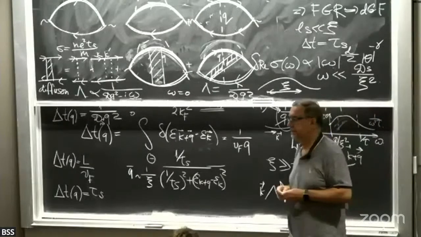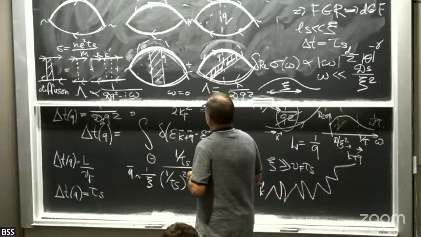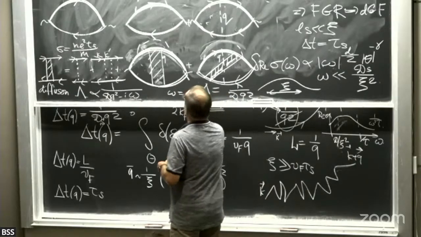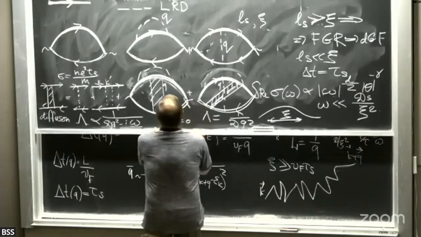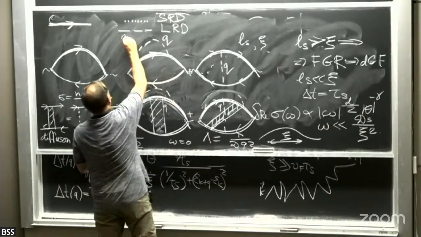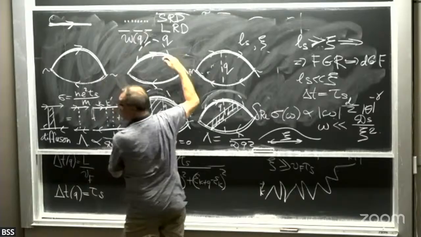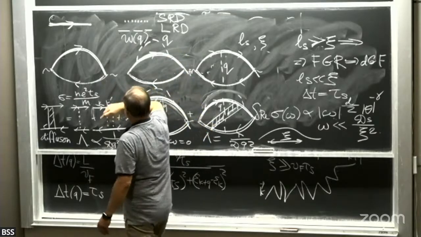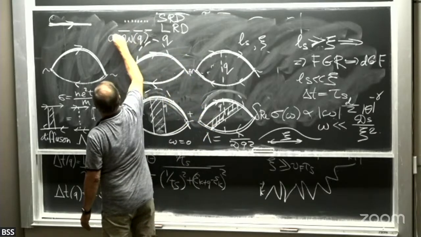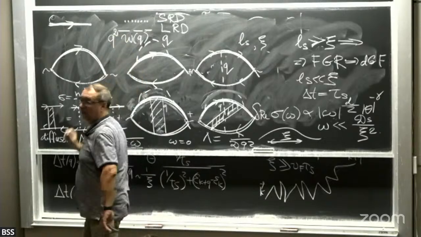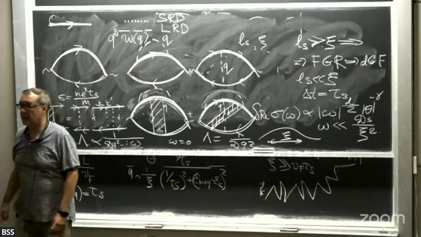Yes. How do you check for gauge invariance? You have to make sure that anytime you have the correlation function, and this is the correlation function, it comes multiplied by something which vanishes, and presumably vanishes as q squared. Why?